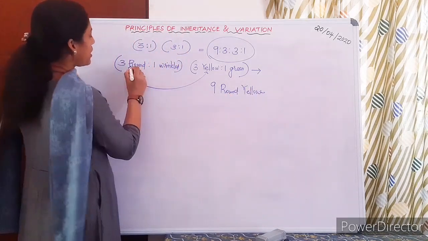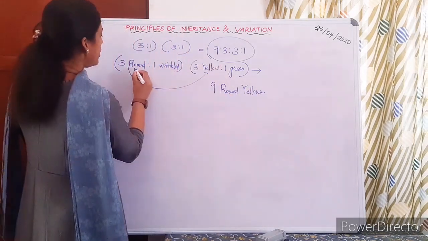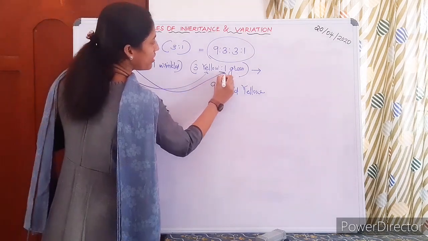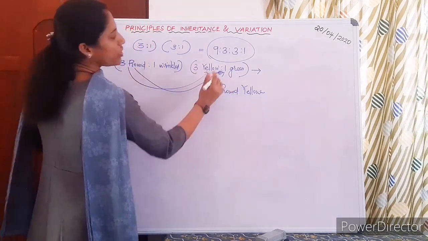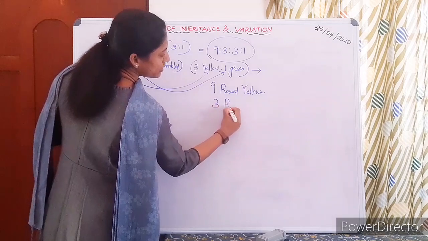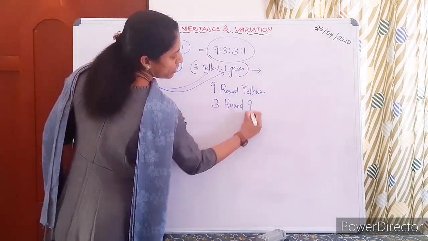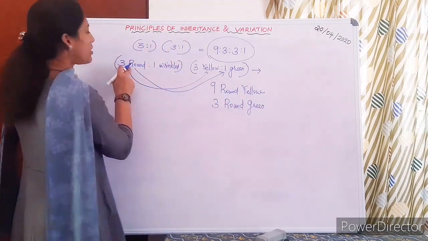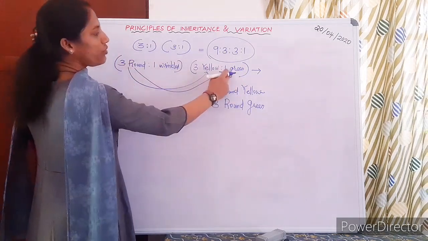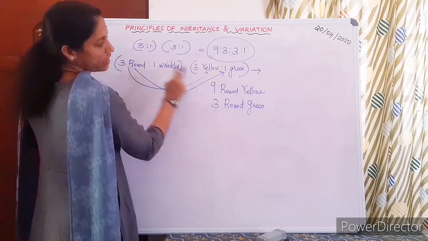Then the second case, round with green, 3 into 1. How many are round green? 3 round green.